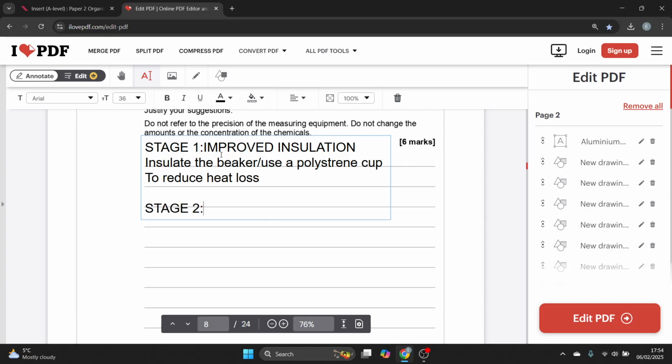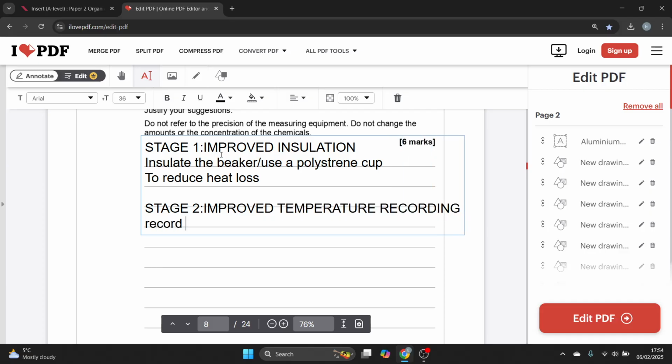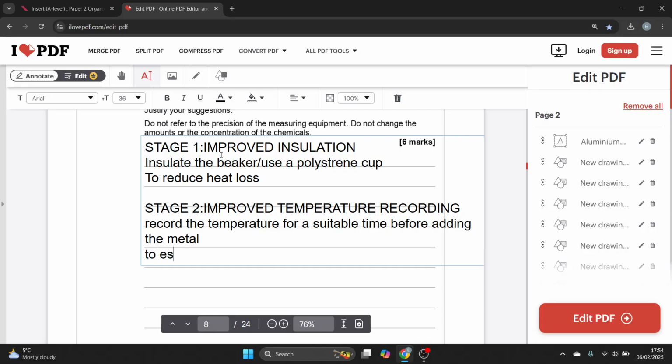Stage 2, improved temperature recording. Record the temperature for a suitable time before adding. This is before you add the metal. And what this does is establish an accurate initial temperature.